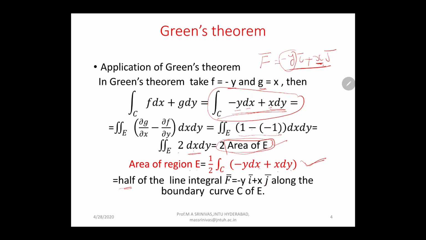Along that curve, find the line integral for minus y i bar plus x j bar, and you will get the area of the region. This is one important result we can deduce from Green's theorem.